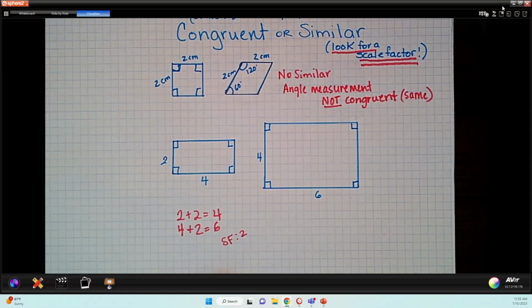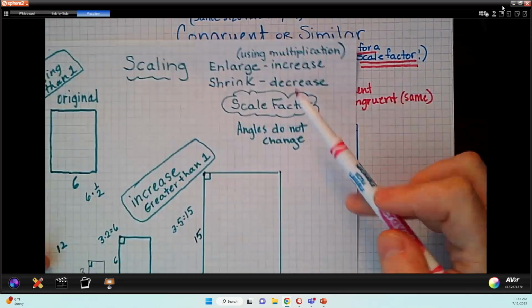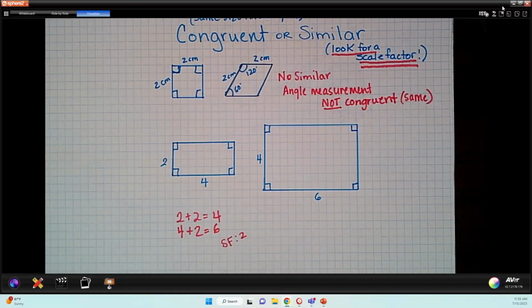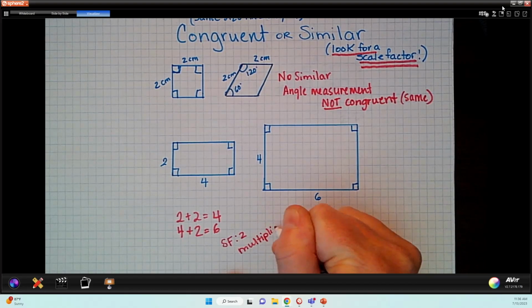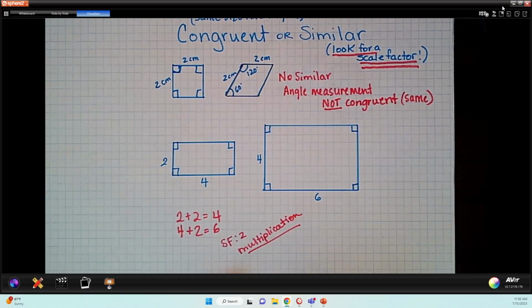But if you remember when we talked about scale factor, and I'm going to pull that poster back up, scale factor uses multiplication. So we have to remind students that yes, while the sides have been increased by adding 2 to both sides, scale factor is multiplication. Multiplication, not addition. So that rule does not work.